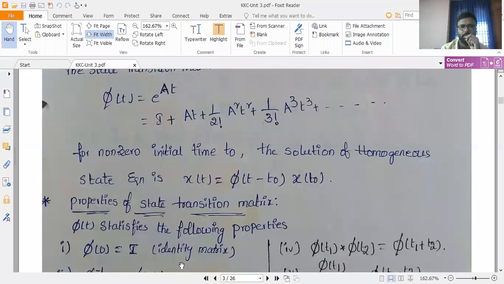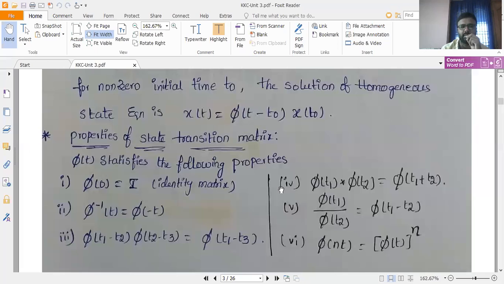And we obtained the solution for the homogeneous state equation as x of t is equal to phi of (t minus t naught) into x of t naught, where t naught is considered as the initial time.